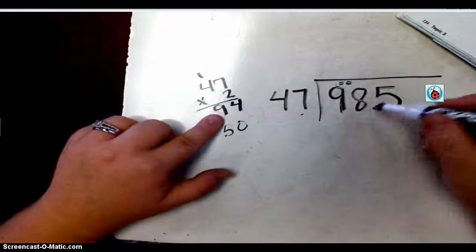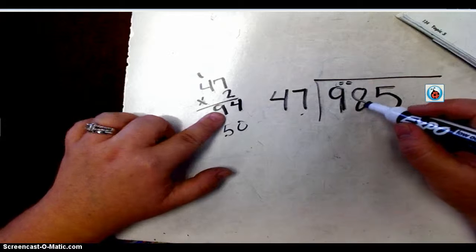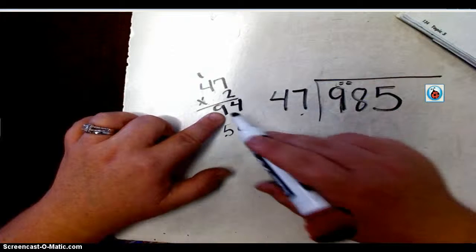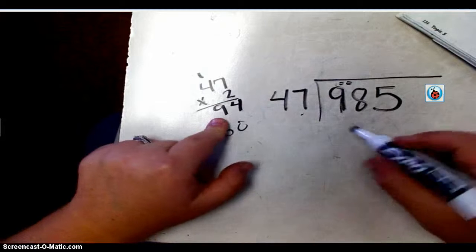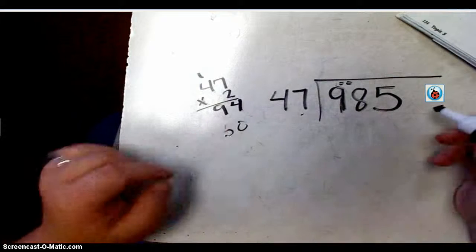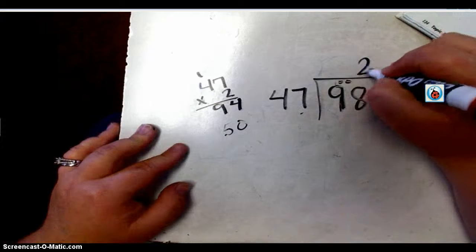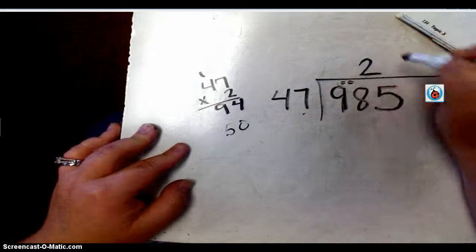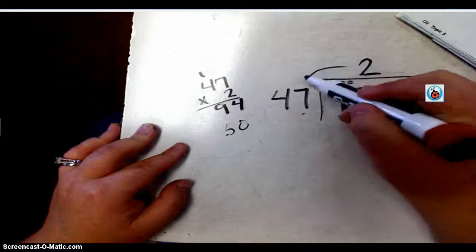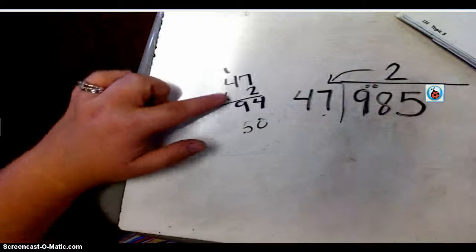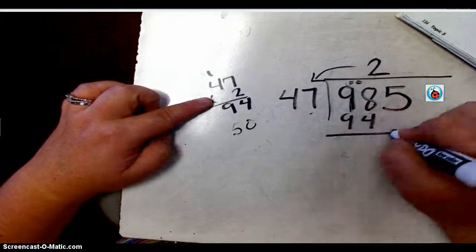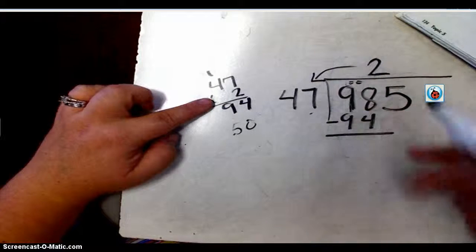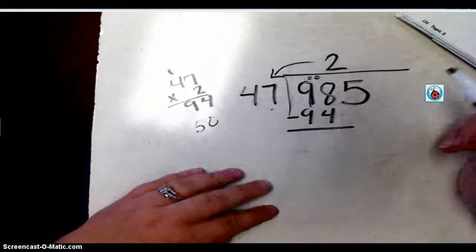Okay, I can't get any closer to 98 than 94. 47 does not go into 94 again before it would go over 98. So, I put my 2 above my 8. Then I would take 2 times 47. I already did that math over here. It's 94. Okay? Subtract. That's the same process that you're used to.